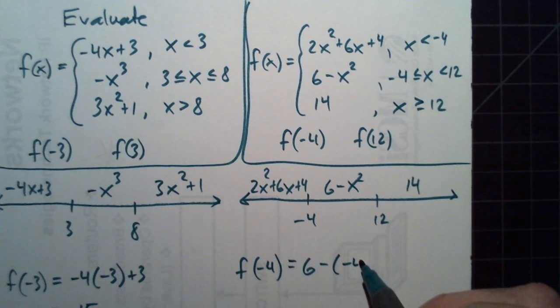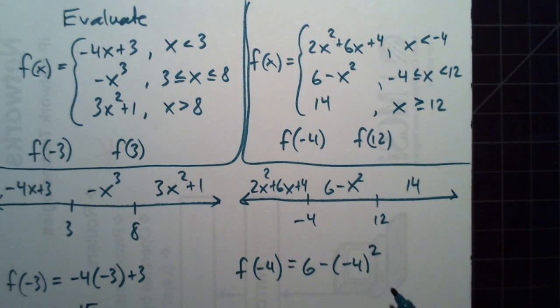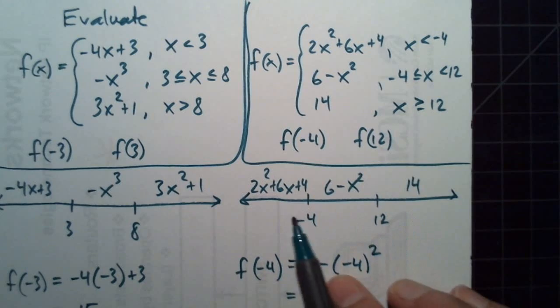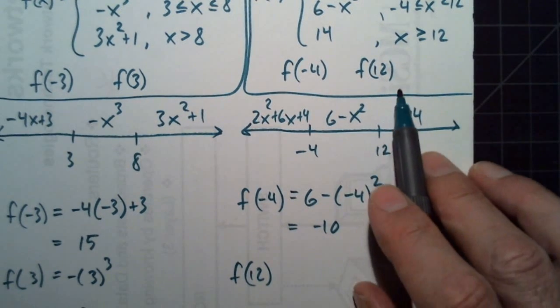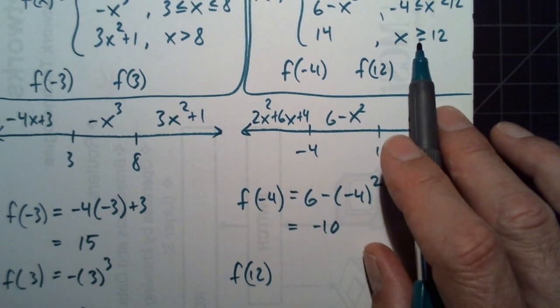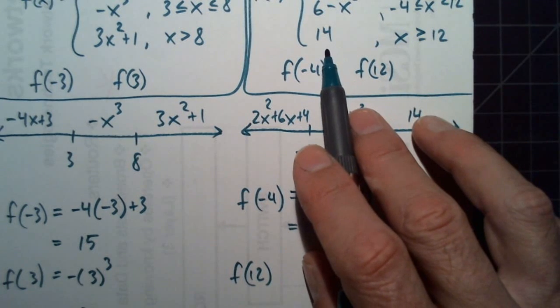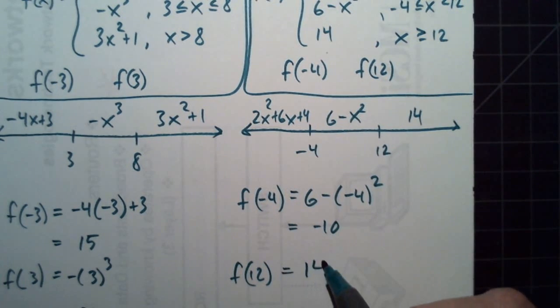6 minus negative 4 squared. 6 minus 16, we get negative 10. F of 12. So we look at 12, that's another of the boundaries. So we see that if x equals 12, it's going to be this. And then there's no computation to make.